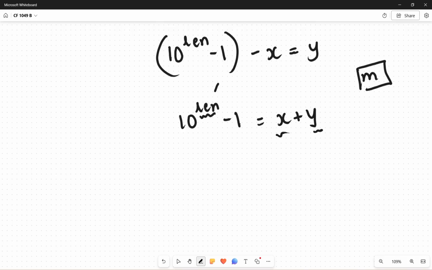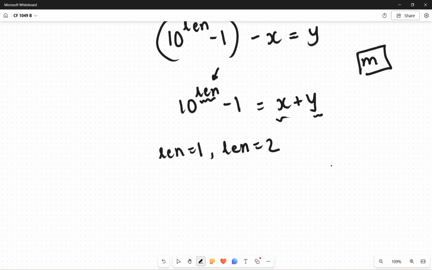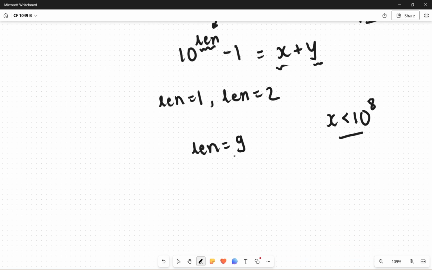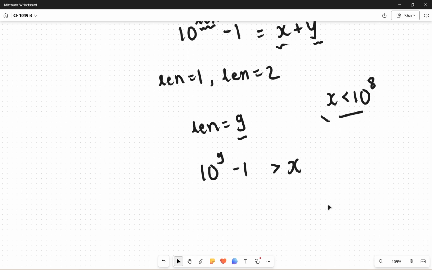So what you can do is that, rather than checking if length equal to 1 satisfies or length equal to 2 satisfies, we know that x is less than 10 to the power of 8, as given in the problem. So we can just choose length equal to 9, because if we choose length equal to 9, 10 to the power of 9 minus 1 would always be greater than x, as x is less than 10 to the power of 8.